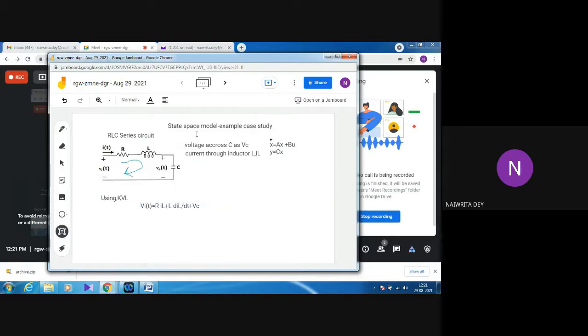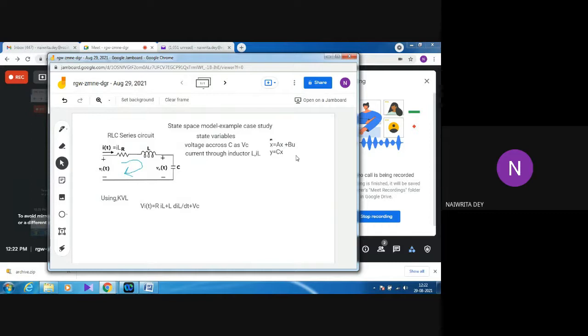Let me mention here that these are the two state variables we have considered, and let me write that IT equals IL, so that later we shouldn't have any confusion.